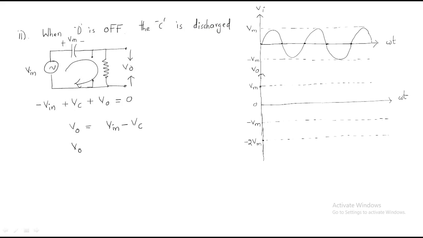Then the output voltage equals V input minus Vm. By using this formula, the output waveform will be decided.